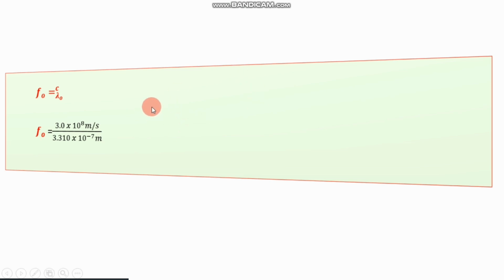If you key in these values in your calculator correctly, you will find the cutoff frequency as 9.063 times 10 to the power 14 hertz. So 9.063 times 10 to the power 14 hertz is the minimum frequency that can cause the photoelectric effect.